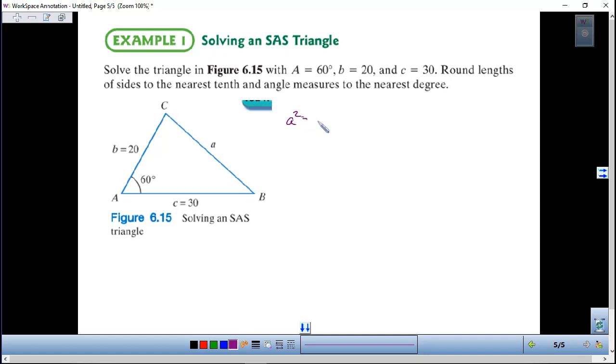So A squared is equal to B squared plus C squared minus 2 times B times C times the cosine of angle A. And then you're just going to fill everything in. A squared equals 20 squared plus 30 squared minus 2 times 20 times 30 times the cosine of 60.